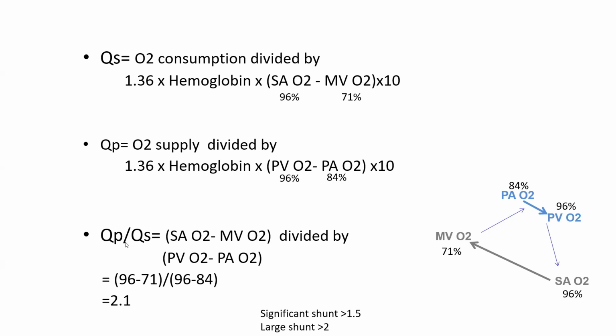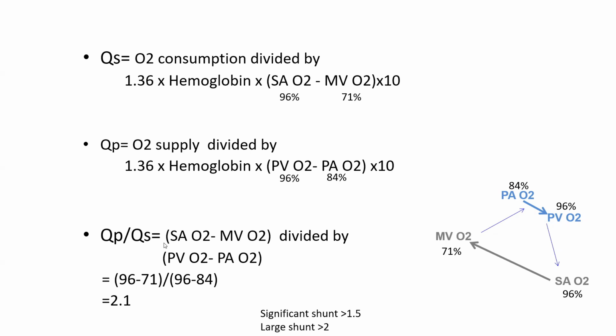Now, when we do QP/QS ratio, those denominators will flip. So when we do QP/QS ratio, it's actually the systemic sats divided by the pulmonic sats. So it's arterial O2 sat minus mixed venous O2, meaning the SVC O2 or the chambers before the shunt, divided by pulmonary venous O2 minus pulmonary arterial O2.